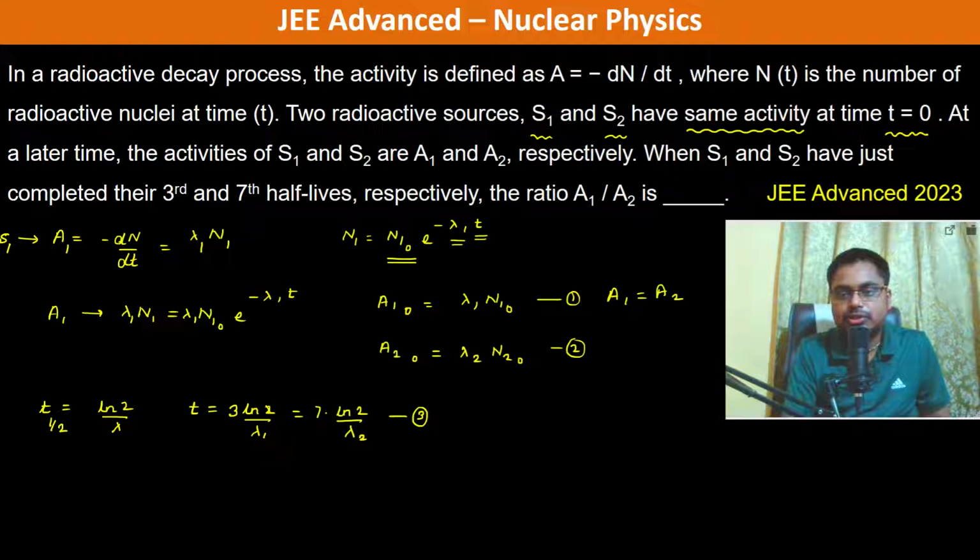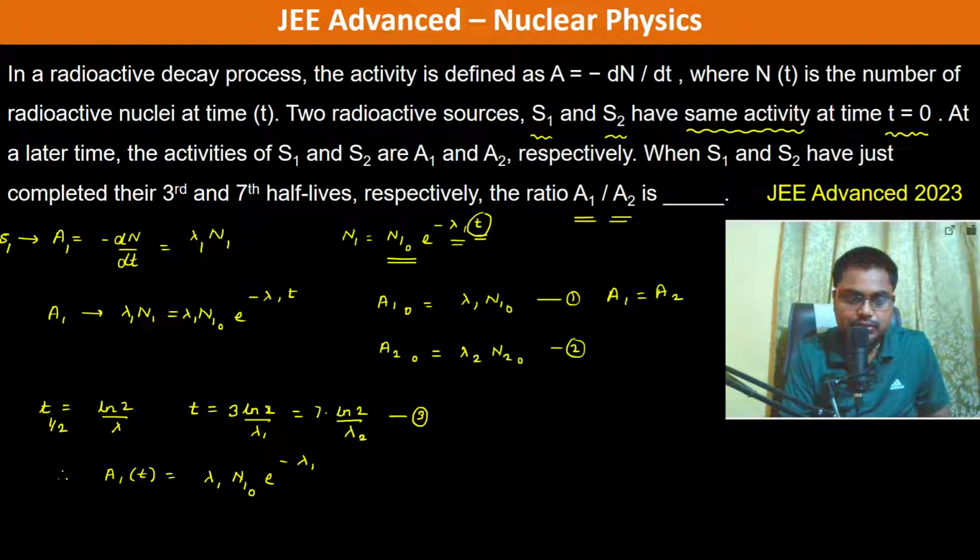Now it is mentioned that the ratio A1 by A2 at time t, so for A1 the activity at time t is equal to lambda 1 N1 naught e to the power minus lambda 1 into t.